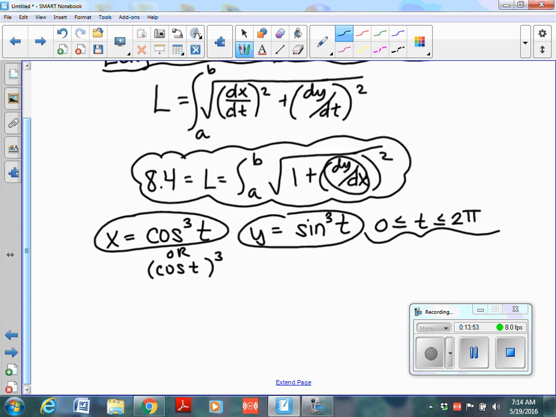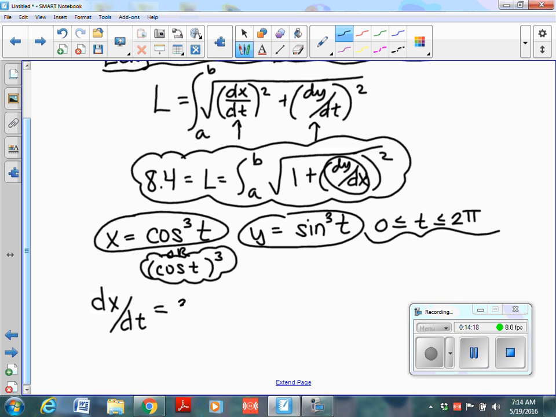So, are you ready to find the length of a parametric equation? The first thing I need to do is find the derivative dx/dt, and I also have to find the derivative dy/dt. So, derivative of dx/dt. Do you notice that I need to use the chain rule to do this because it's a power function?